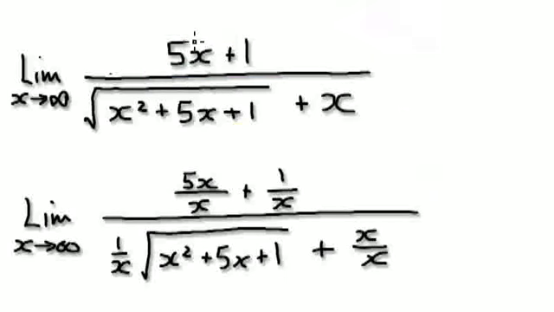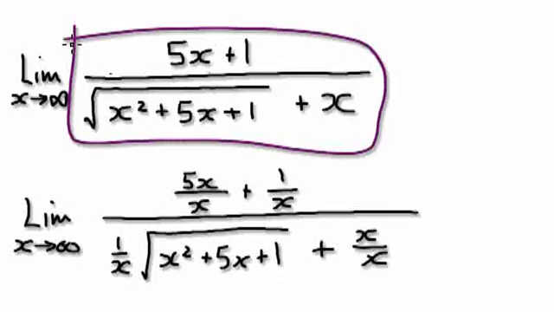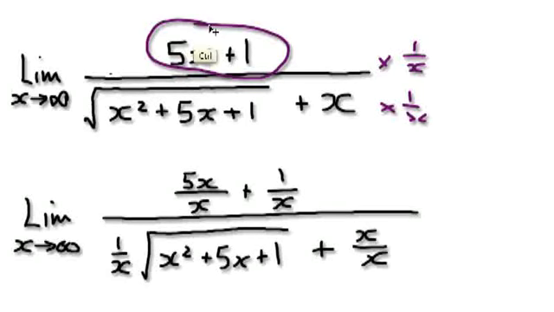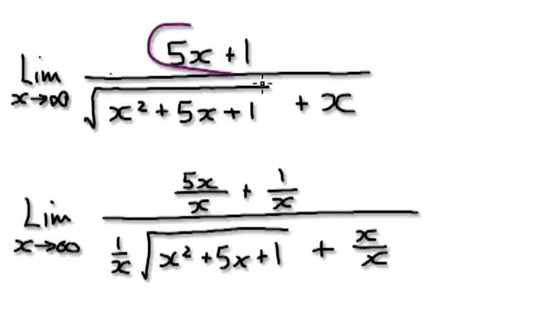So when you are here, what you're doing is dividing top and bottom by x. Or another way of looking at it is to visualize it as multiplying by 1 over x. It's the same thing. Divide top and bottom here by x, and that will give you this.